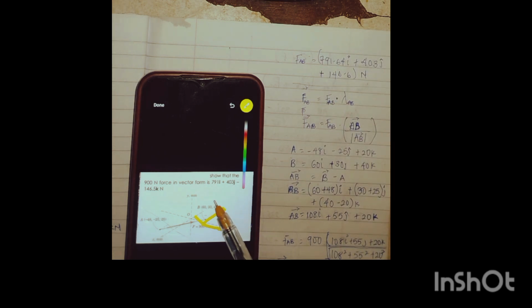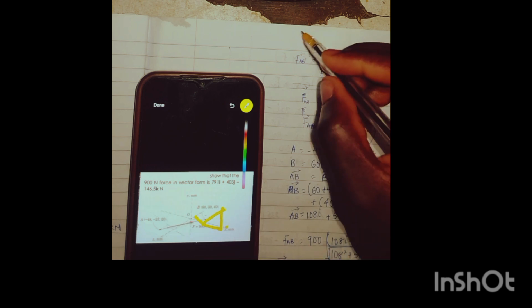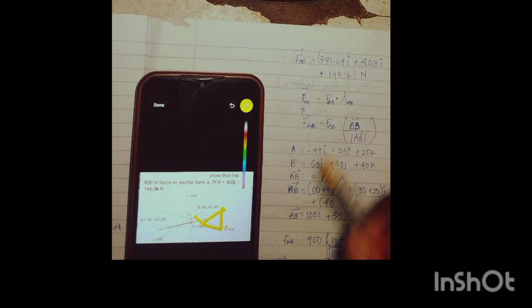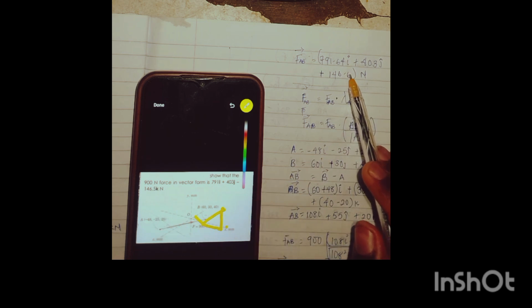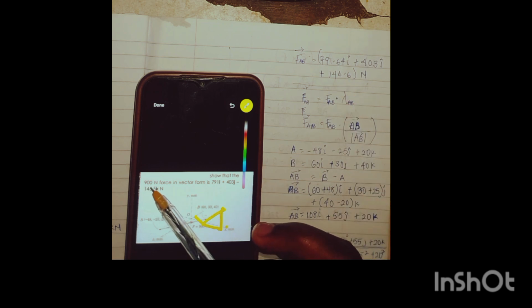But according to this question, he said it is negative 146.5 kilonewton, which is actually wrong. So the correct form in which your 900 force can be written is this particular one. If we take the magnitude of this, we must arrive at this particular 900 Newton force back. So let's try that.